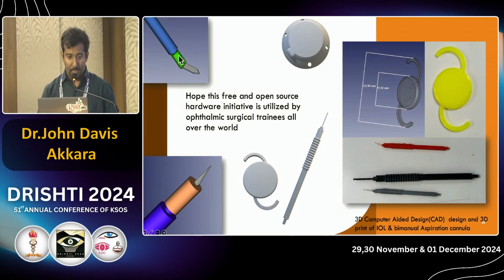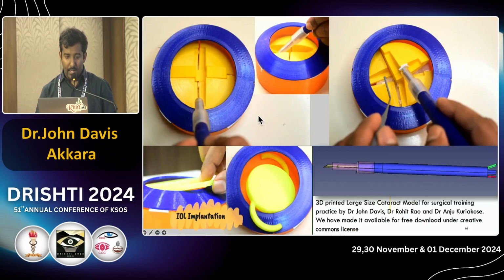So this is a modular keratome innovation which we had done, and these are all 3D printed models. This is a 3D printed model of an IOL, and this is a large size training model. So for teaching surgery, it might be very difficult to understand the concepts at a microscopic level.